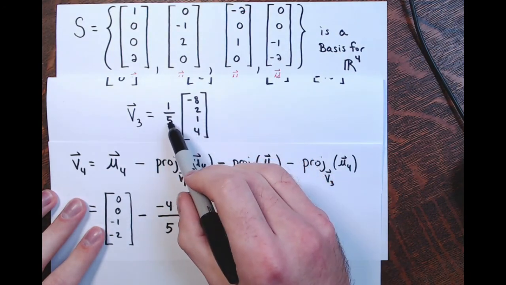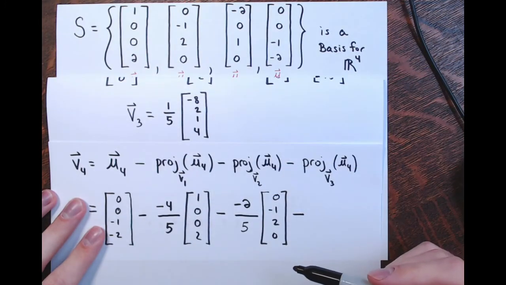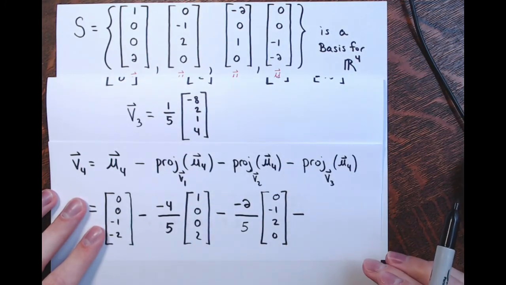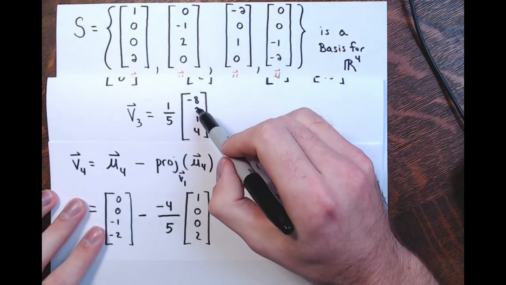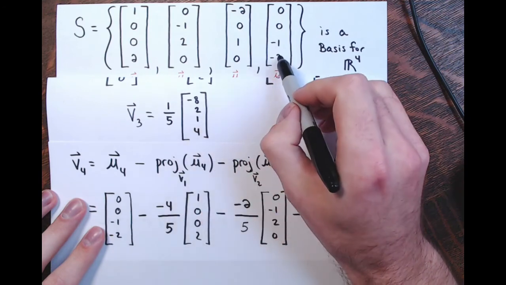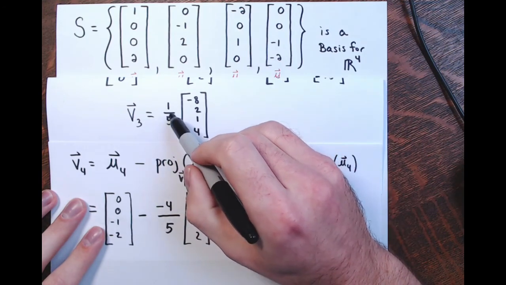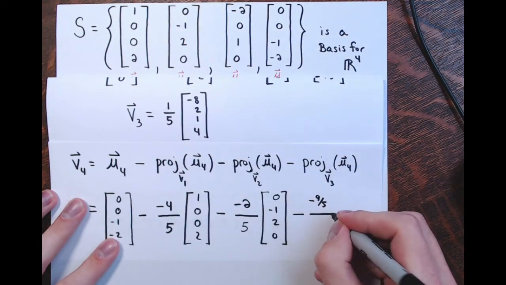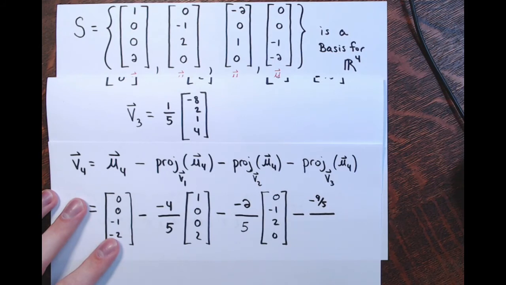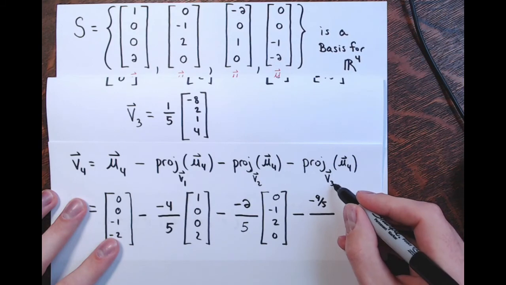That's why I pulled the scalar out, because it'll make it easier, I think. Do the dot product of these vectors, then times 1/5. Remember, the dot product has a homogeneity property. So 0, 0, -1 plus -8 is -9, but then times 1/5. So -9/5 in the numerator there. We get a little complex fraction going. And then the denominator is the dot product of v3 with itself.